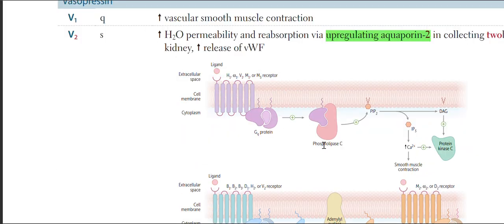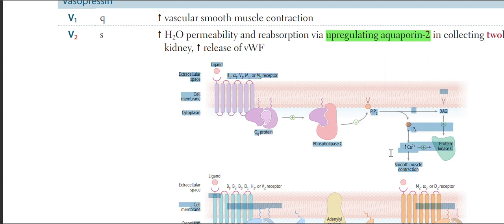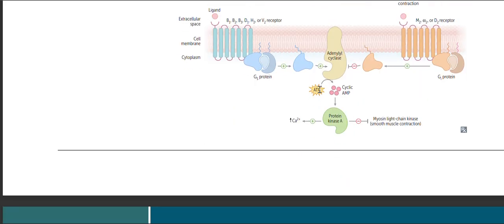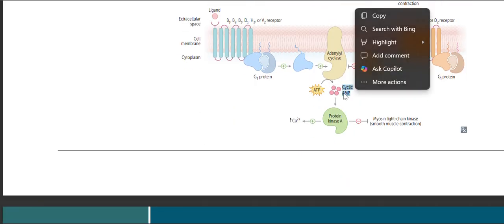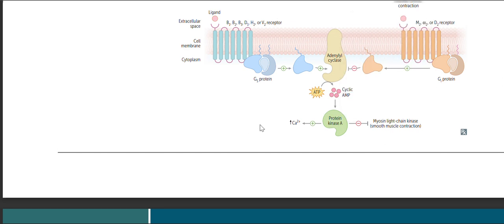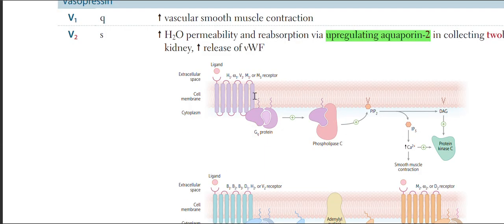Then they can ask what secondary messenger would be reduced. They can give you maybe calcium is reduced, or cAMP is reduced, which is cyclic AMP, or protein kinase A is reduced. That is one type of question they ask, and they're usually pretty easy.